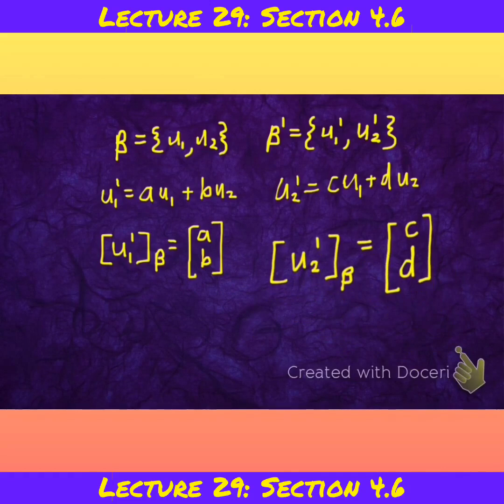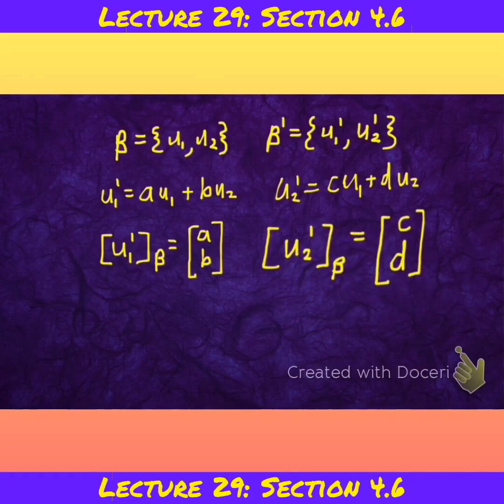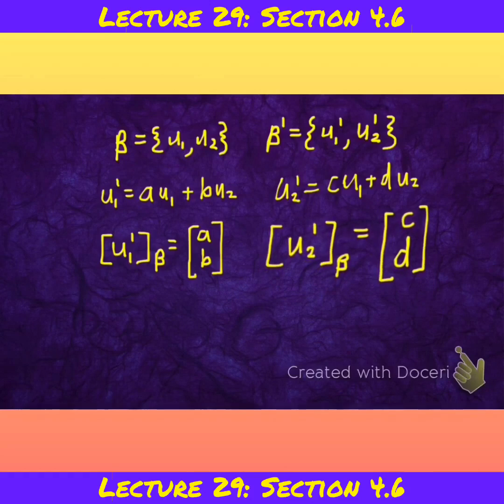Right, and my second vector u2 prime with respect to the basis B becomes that vector there. Right, and now let's take a vector v. And we write that vector v as a linear combination of the vectors in B prime. There's that linear combination.